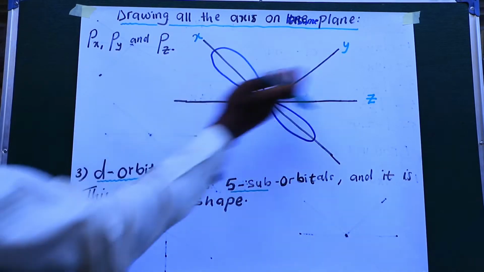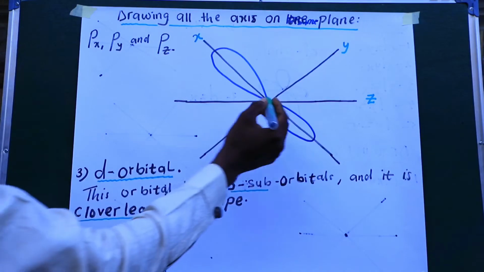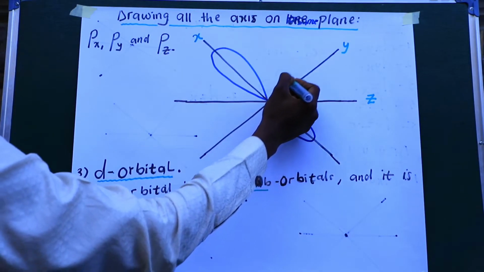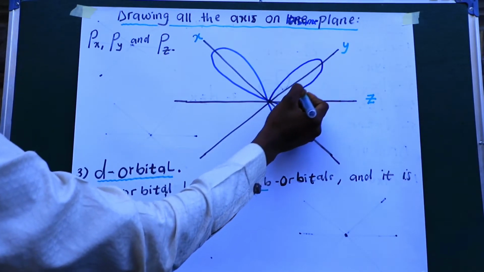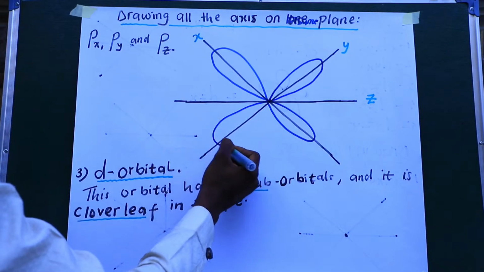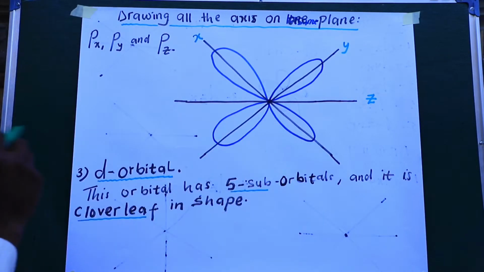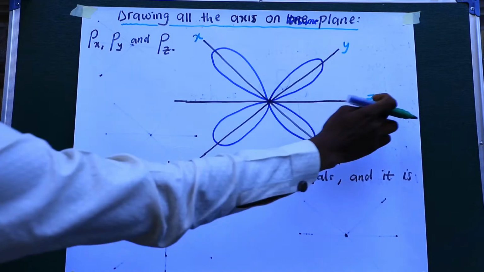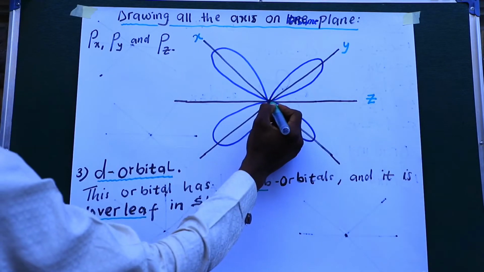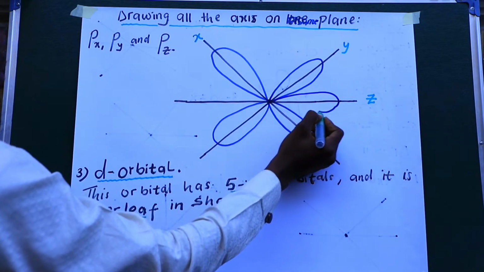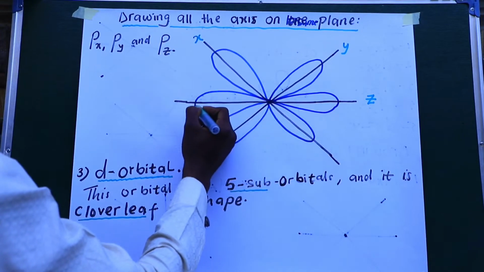Now after x, Py on the y-axis. Here's how it looks, a dumbbell also on the y-axis. So now Pz on the z-axis. Here also a dumbbell on the z-axis.